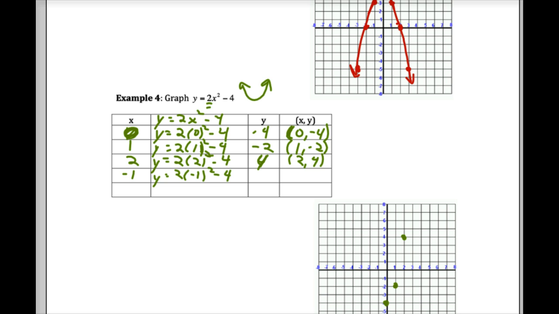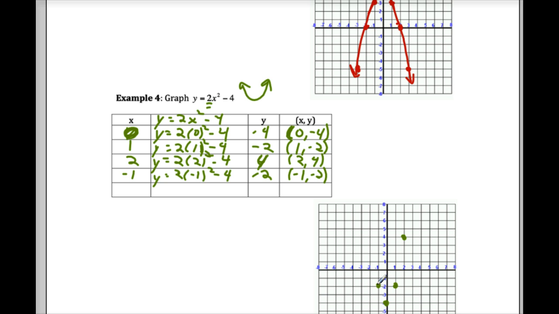When I call on a kid to do a problem, they turn their notes over. I got negative 2. Very good. Negative 1 squared is positive 1 times 2 is 2 minus 4 is negative 2. So negative 1, negative 2. All right, start to see that symmetrical aspect.